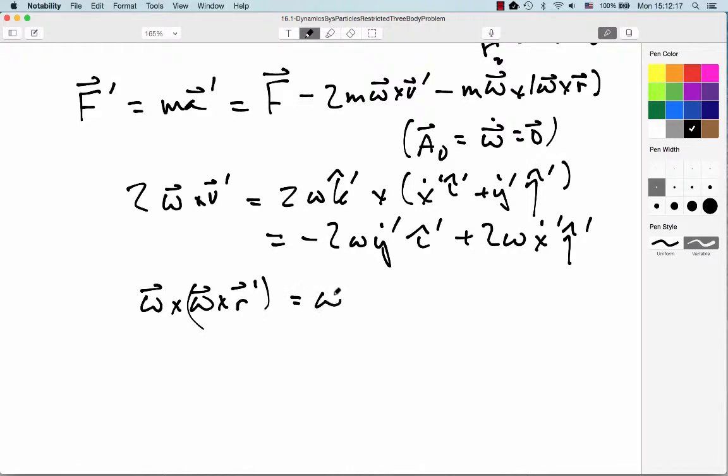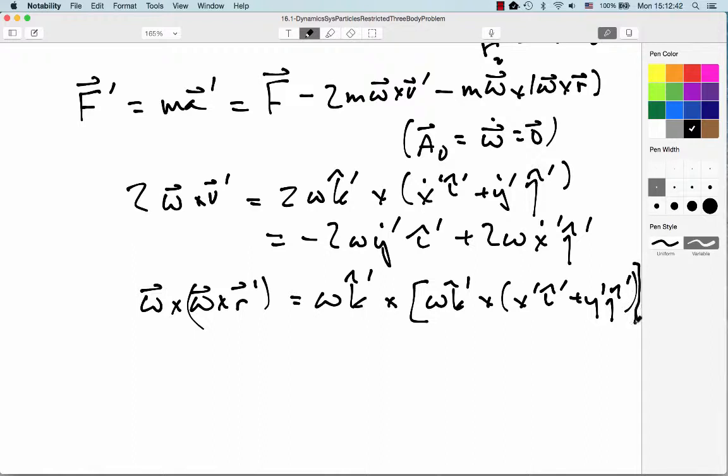So that will be omega times k hat prime, because we're rotating about in the xy plane, so omega points along z. And we're going to cross that into omega k hat prime, and we'll cross that into x prime i hat prime plus y prime j hat prime. And when you do, you get omega squared x prime i hat prime minus omega squared y prime j hat prime.